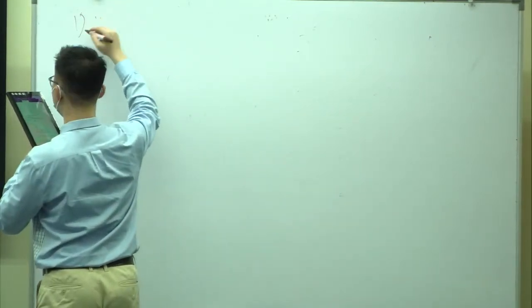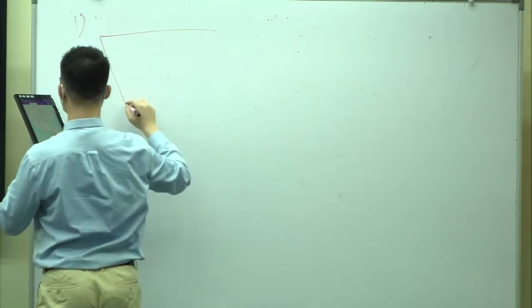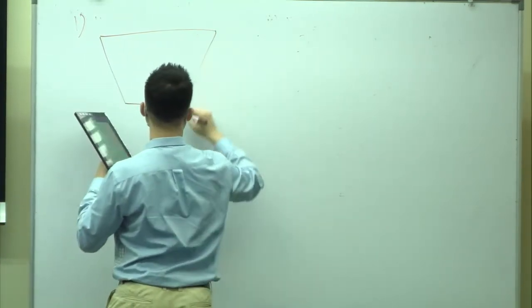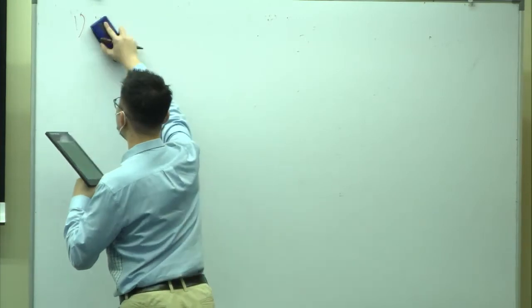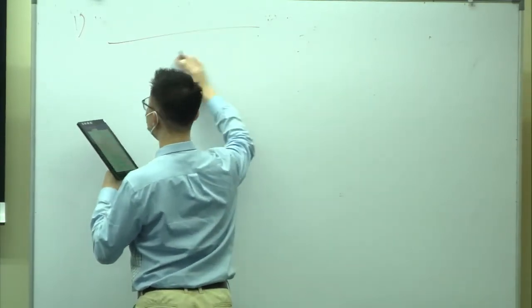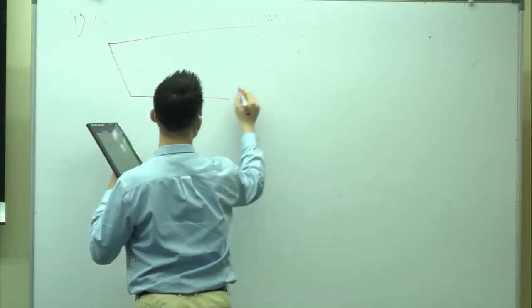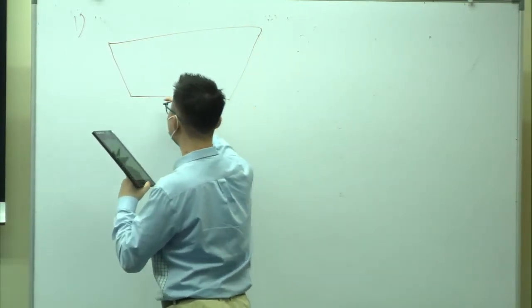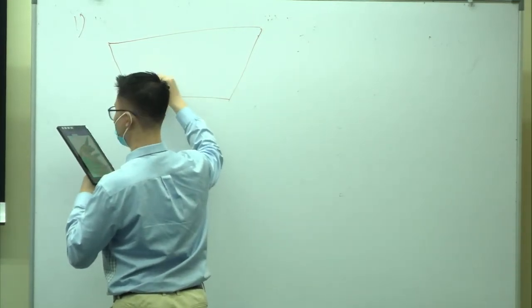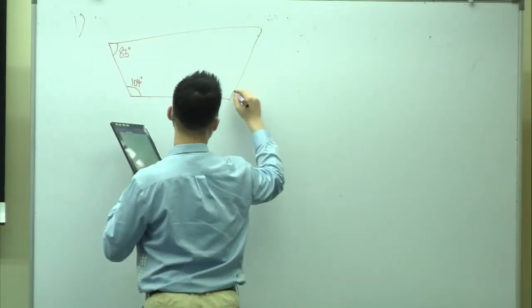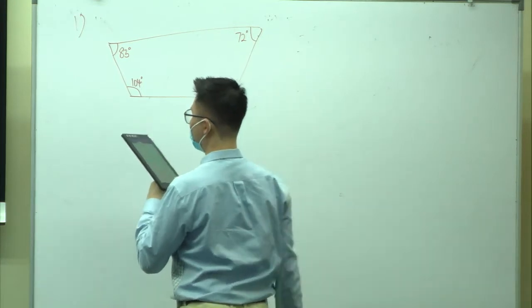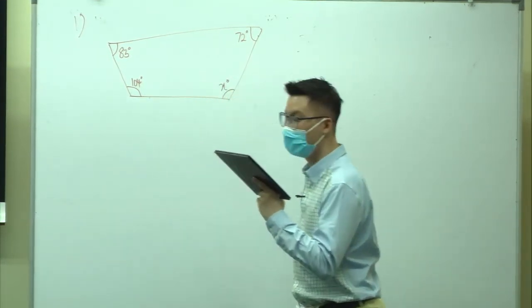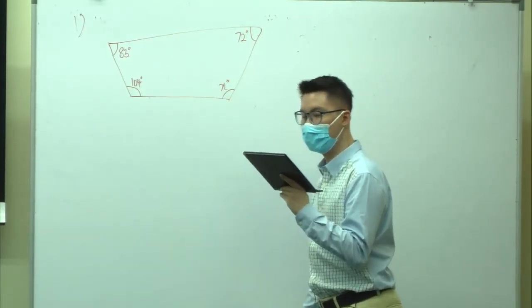Question 1. Here we have this figure. This diagram shows a quadrilateral. You want to find the value of x. So how should you find it?